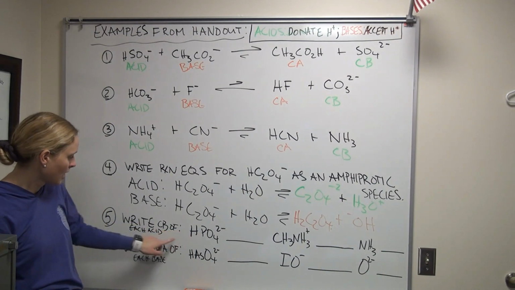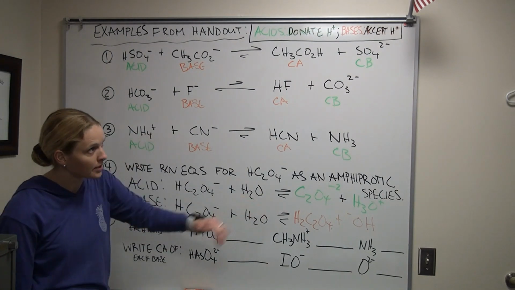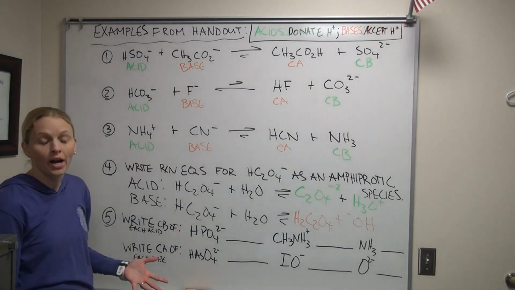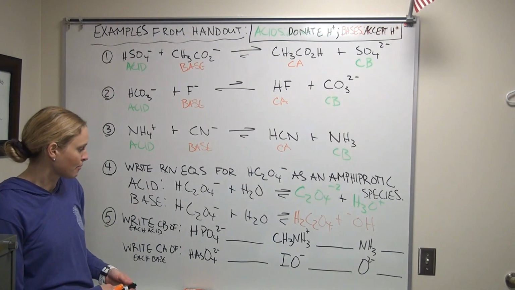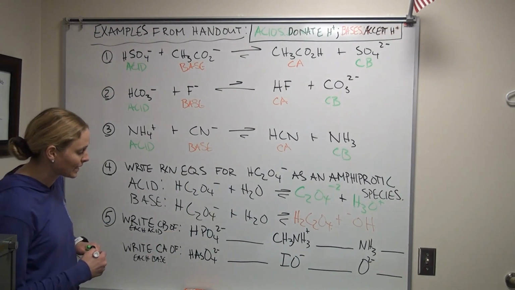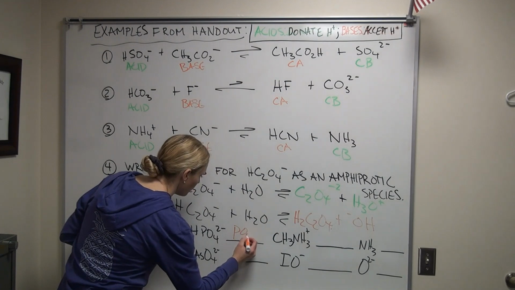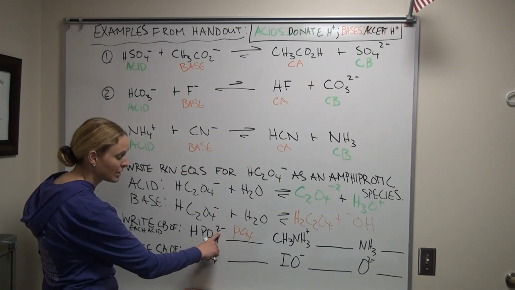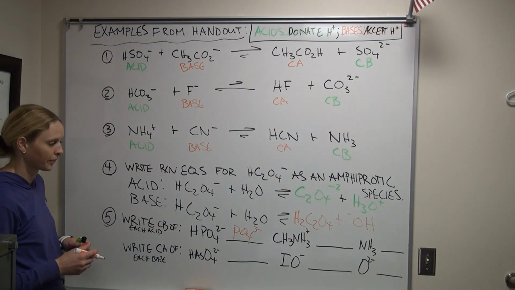So if this is an acid, acids donate, then on the product side, it would have lost one of the protons. So the conjugate base of this would be minus a proton because it's donating it. So we would have PO4 3 minus, because we've got a proton that is now gone, right?